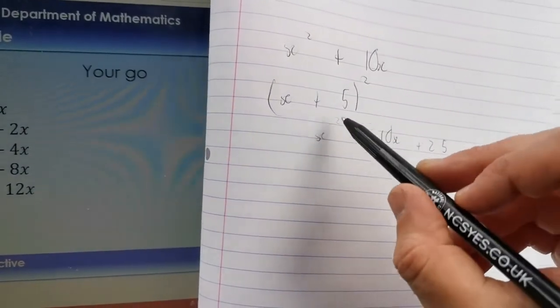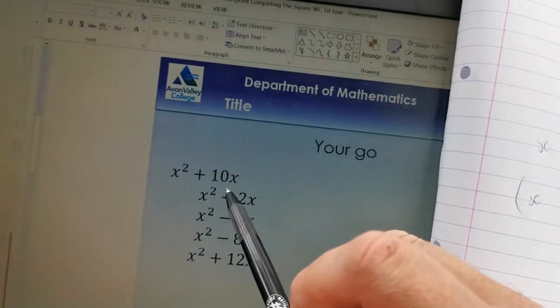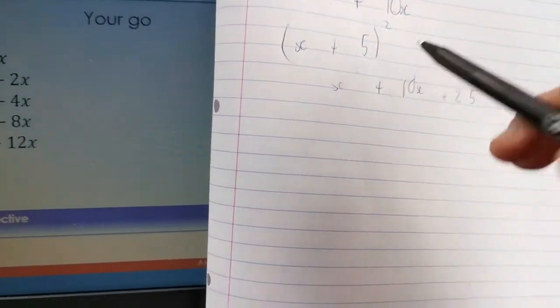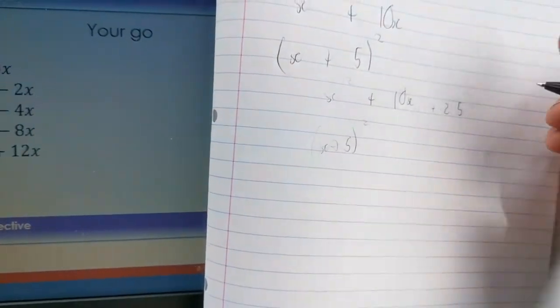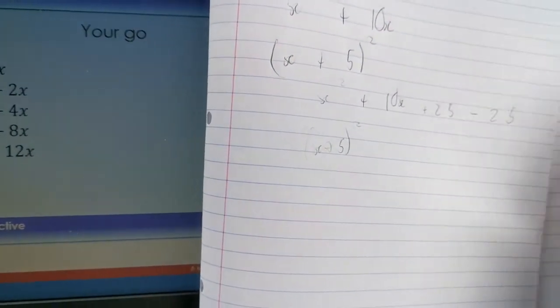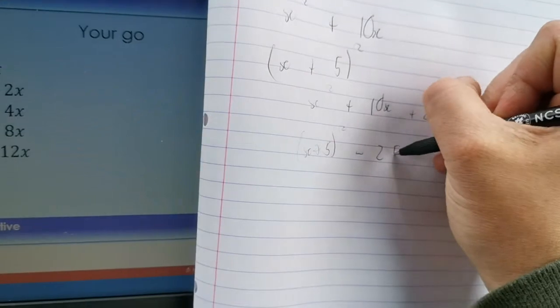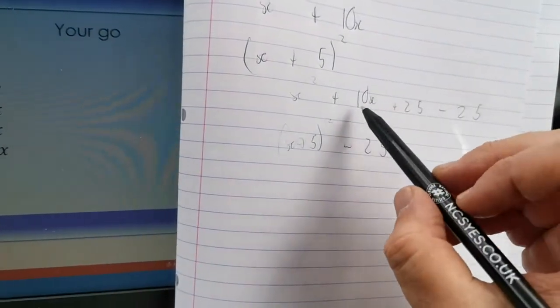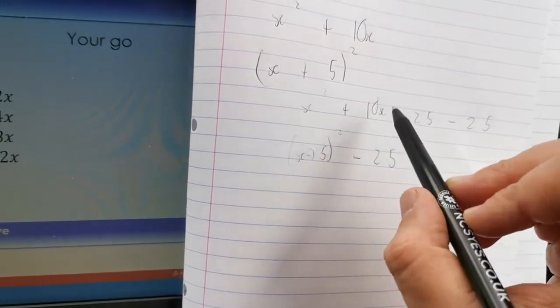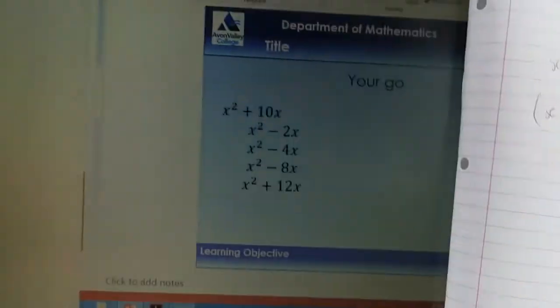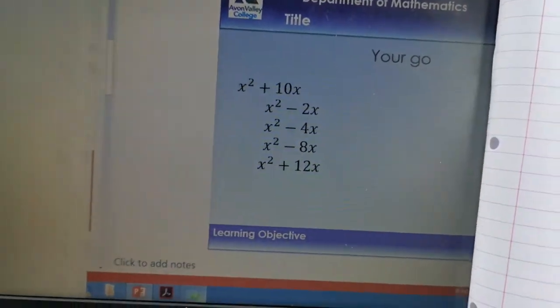Therefore, to get it to x squared plus 10x, I'm going to have x plus 5 squared, which gives me this, but then I'm going to take away that 25. So I'm taking away 25 to leave me with just x squared plus 10x. That bit's key. So I suggest you pause and give those a go.